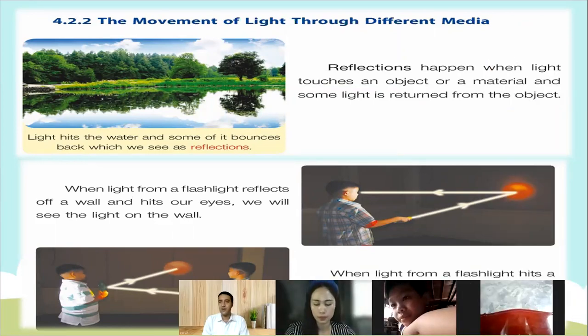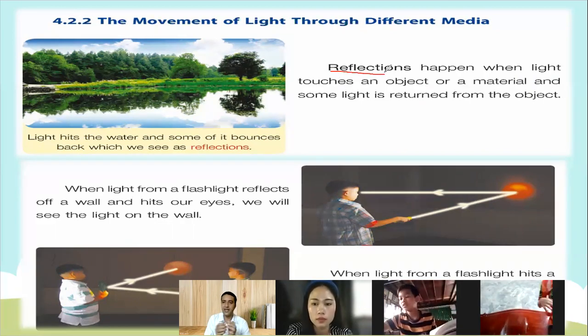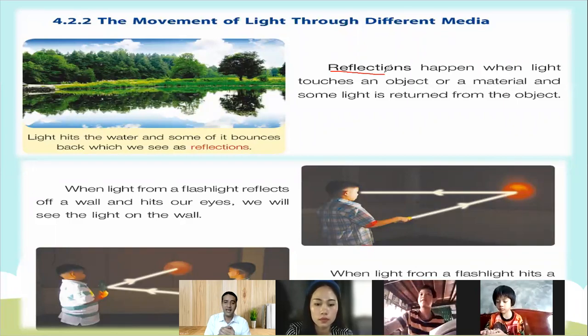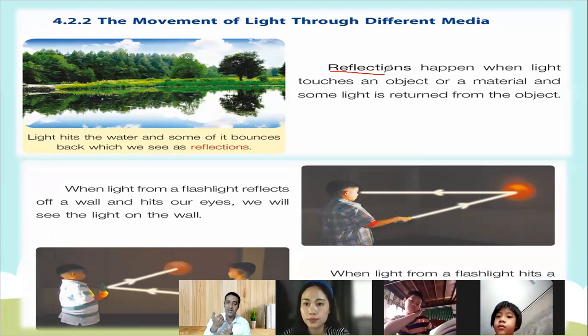Reflection happens when light touches an object or a material and some light is returned from the object. The light strikes the object or material and then returns back. So that means reflection.